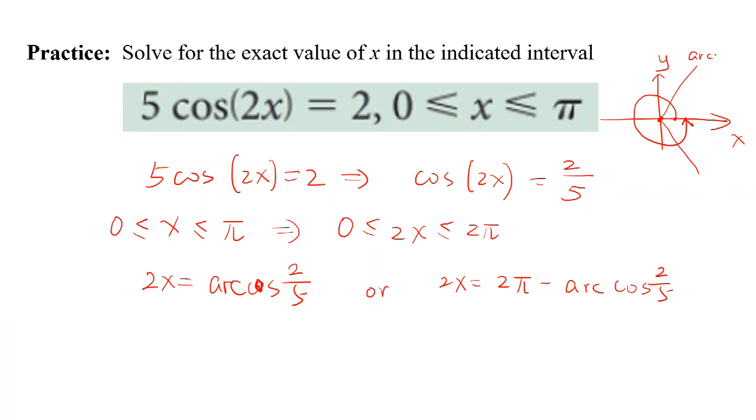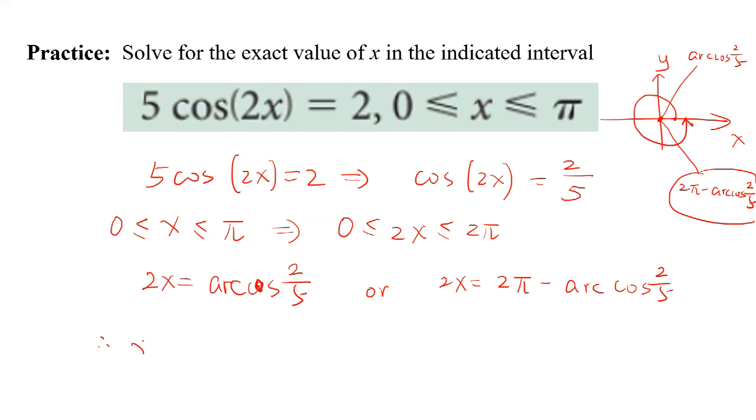Okay, suppose here is arc cosine 2 over 5, and this angle here is 2 pi minus arc cosine 2 over 5. Do not forget there is another value in the interval 0 to 2 pi, okay?